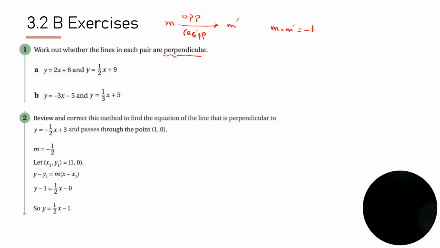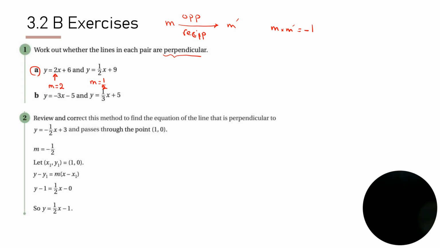In this case, the first one, part A, y equals 2x plus 6, and y equals half x plus 9. The gradient of the first one is 2, m equals 2. And the gradient of the second one is half.